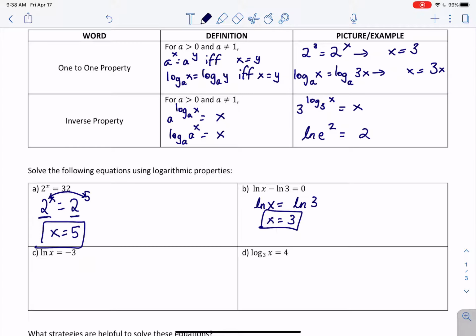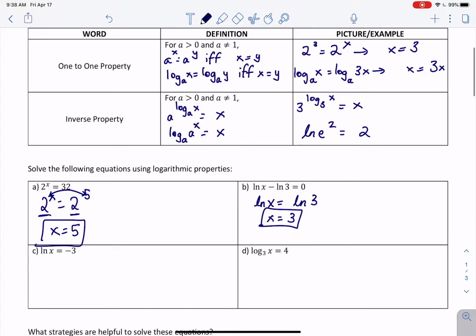We can also use this inverse property. On this next one, I have natural log of x equals negative 3. In this case, we can use the inverse property, so we're going to raise both sides with e. If I do e raised to natural log of x and e raised to negative 3, then the e and natural log undo each other, so we just get x on the left side.